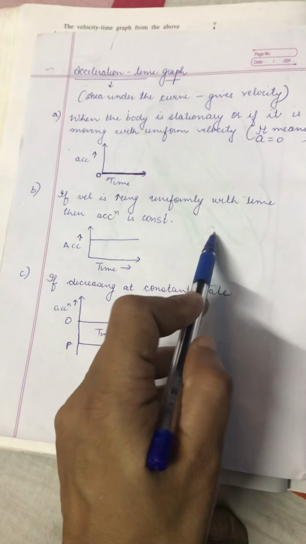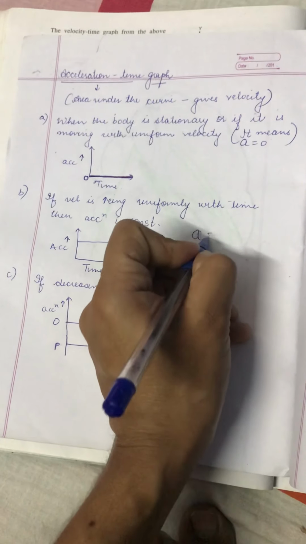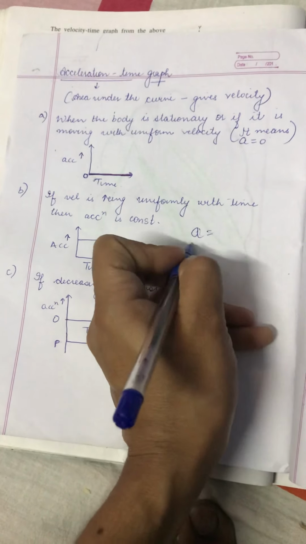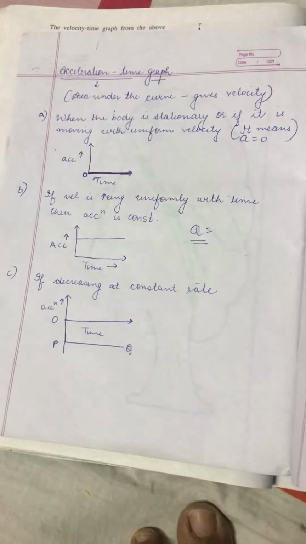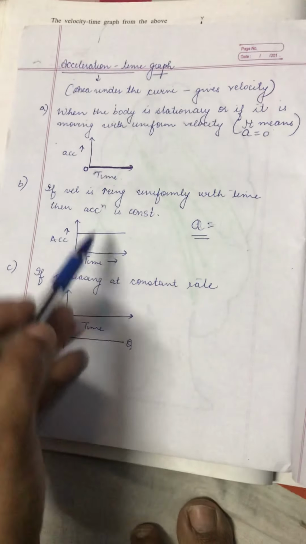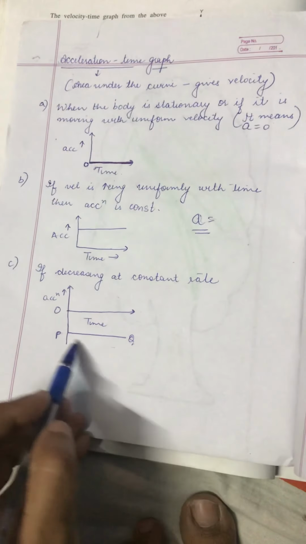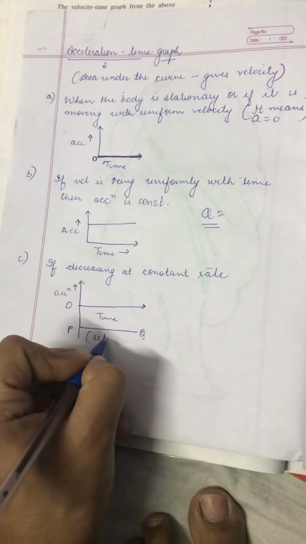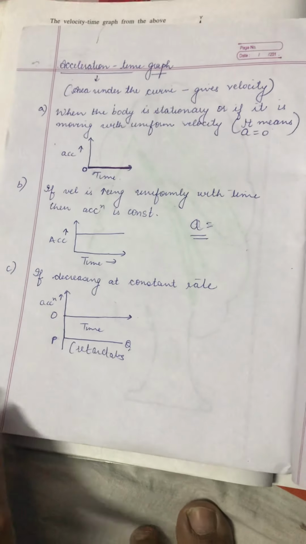The acceleration will remain the same in all the cases. So that's why we have this line, that constant acceleration is there. And in the similar case, if it decreases uniformly, then we have what? Retardation. So this is all about the acceleration-time graph.